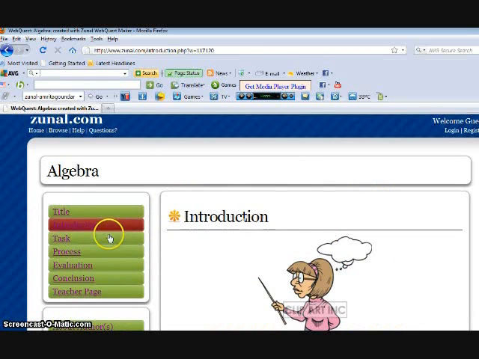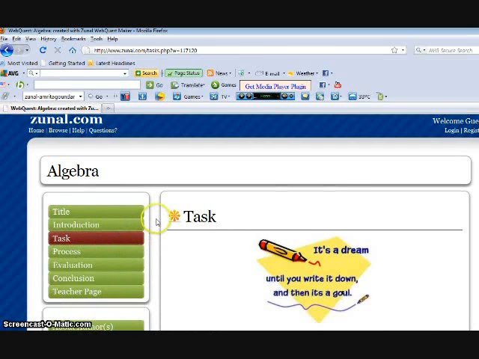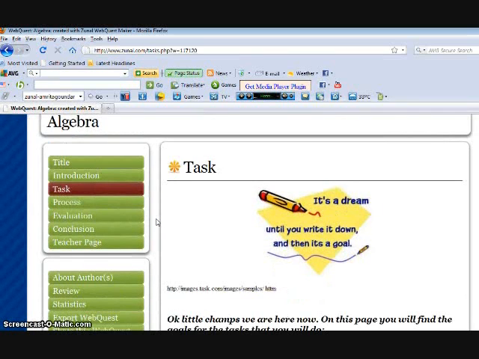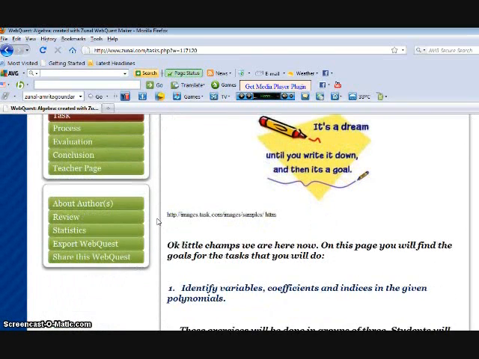The other component of the web quest is the task page. The task page helps in setting the tone of the web quest. It gives students a brief idea on what all the tasks are that they need to perform in the web quest.